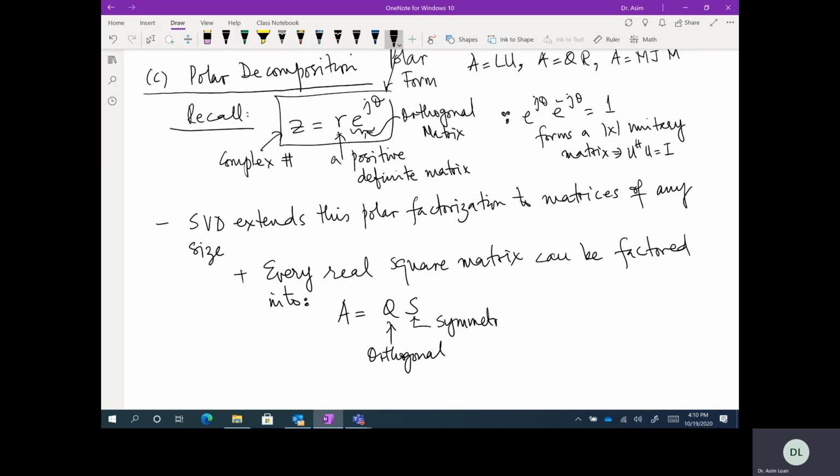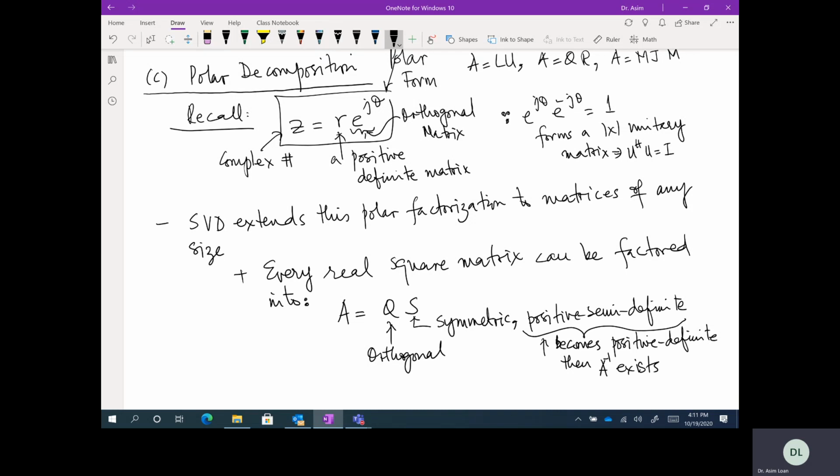When this positive semi-definite becomes positive definite, then A inverse exists. So the inverse exists if this becomes positive definite.